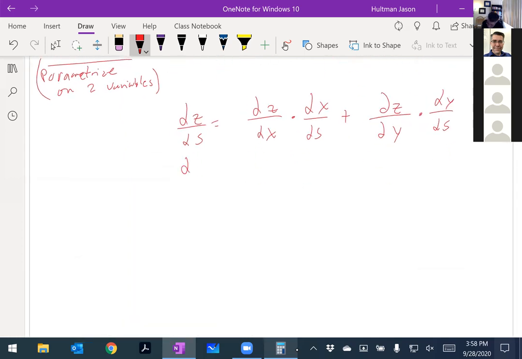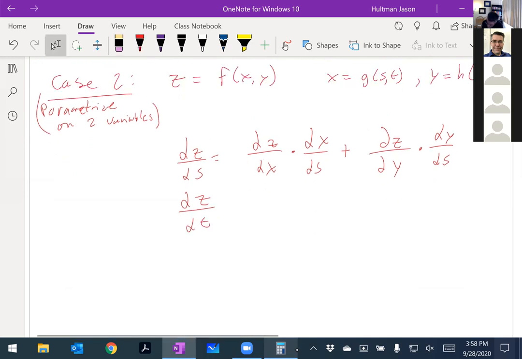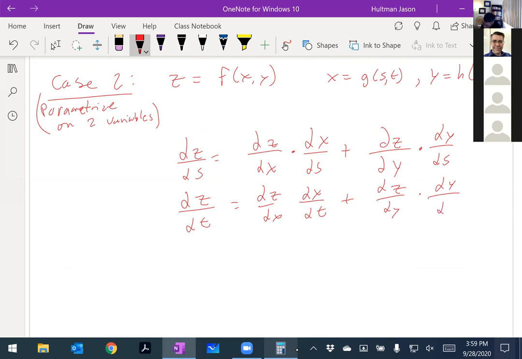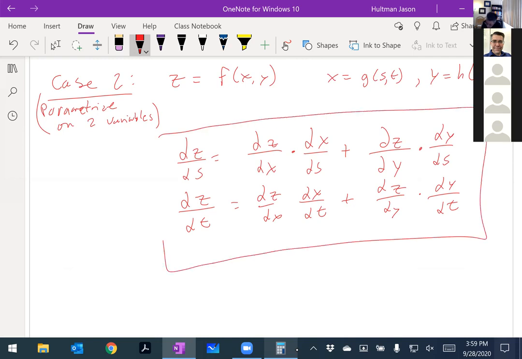Same thing with t. Again, the partial of z with respect to x, but now we're going to take a partial of x with respect to t, the second variable, plus the partial of z with respect to y times the partial of y with respect to t. So we have these two chain rules.